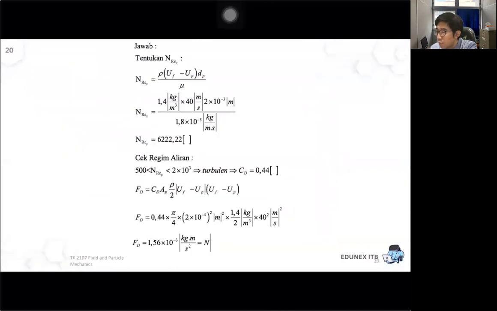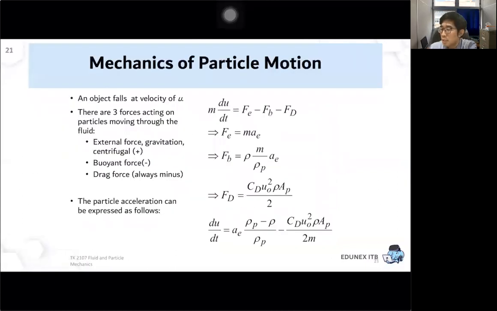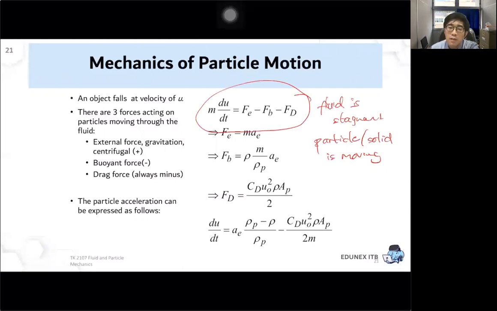And then for falling particles, it means the fluid is stagnant, but the particle or the solid is moving. Then for falling particles or falling objects, you can derive the force balance. The force balance consists of the weight force, then the buoyancy force, and the drag force.